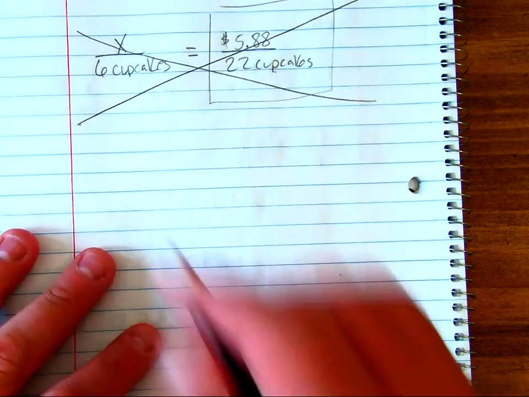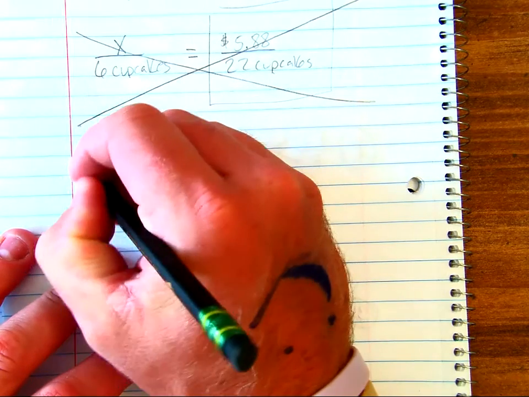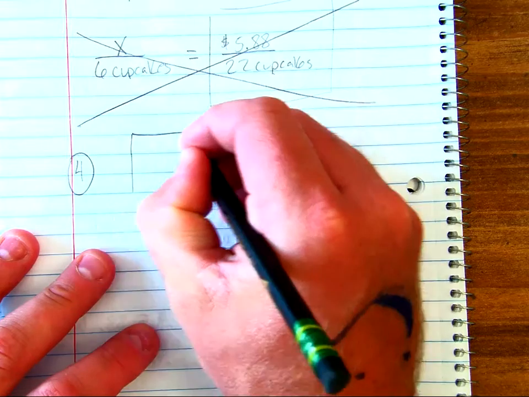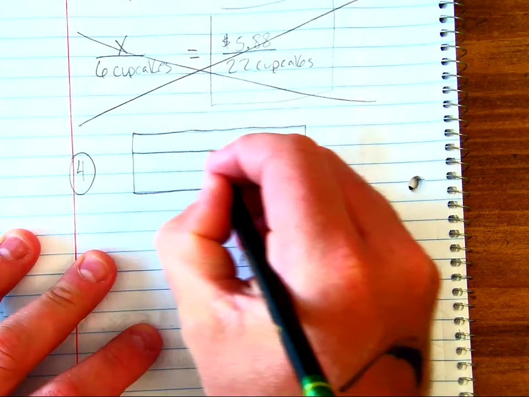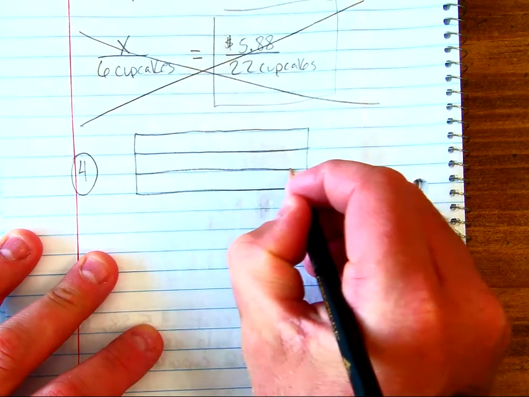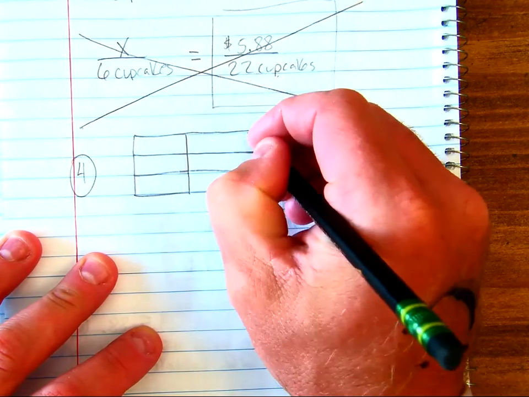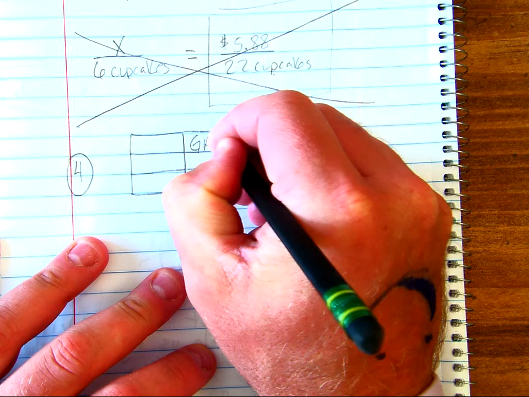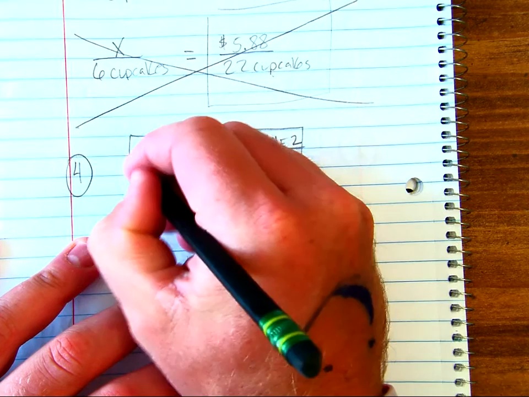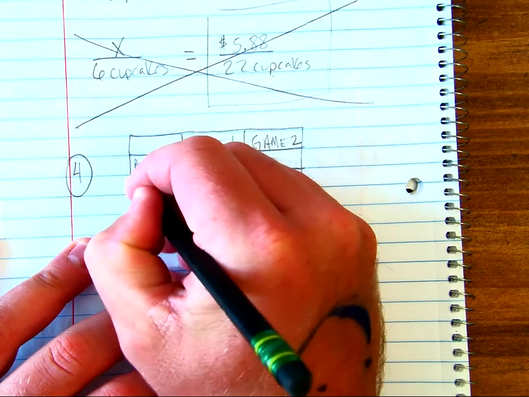All right, let's take a look at example 4 real quick. Not only do we have to be able to set up proportions and solve proportions from word problems, we also have to be proficient in looking at them from a tables perspective. So let's say game 1, game 2, points, shots.